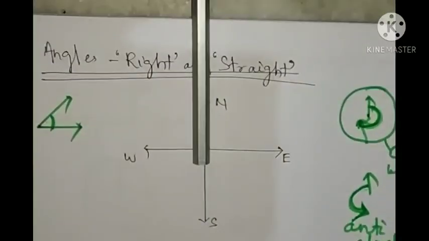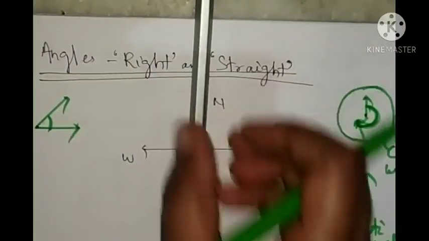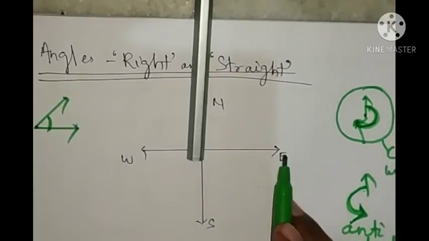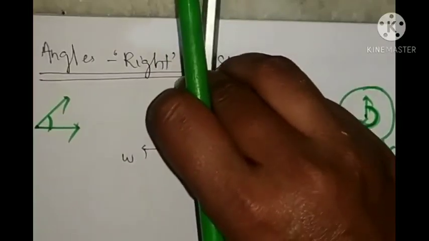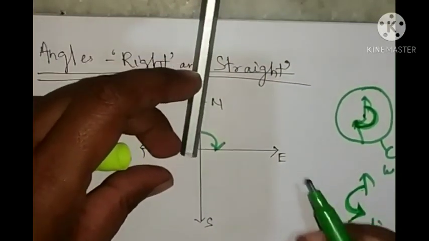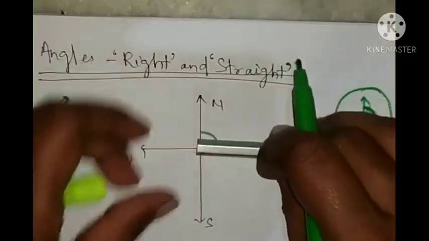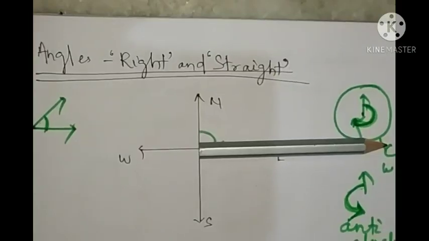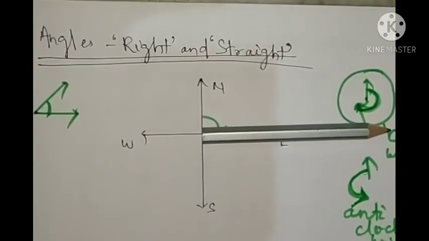So let's see. Stand facing north, and turn clockwise to east. East is where? Look here, east. So turn clockwise to east. Clockwise means where you will move? You will move like this. Okay, clockwise, east, move like this. So we say you have turned through a right angle turn.